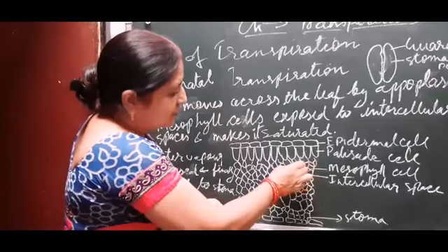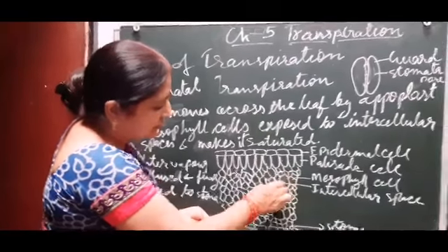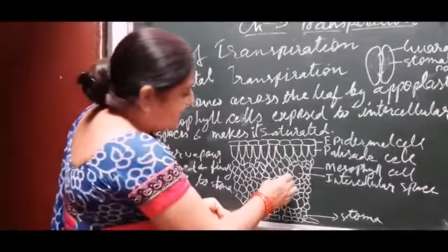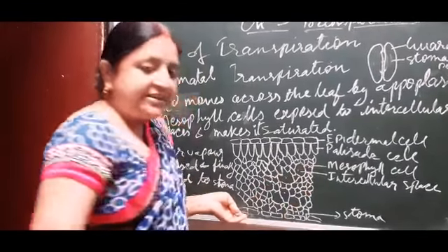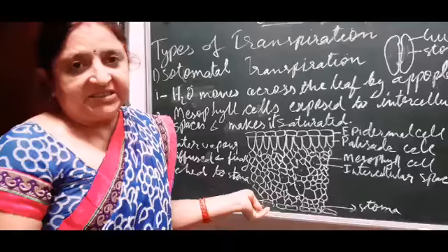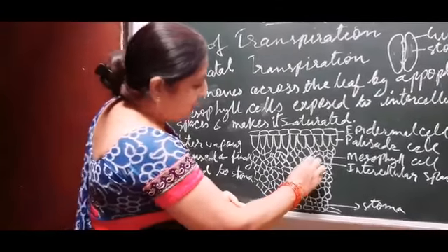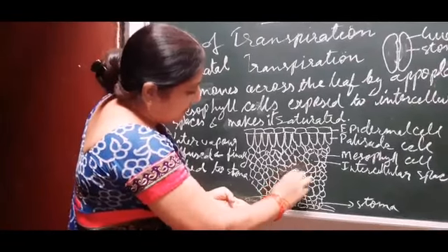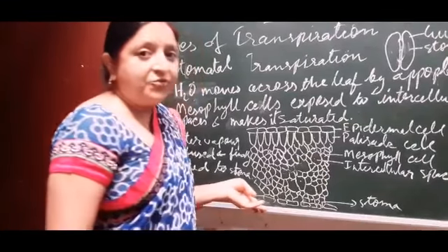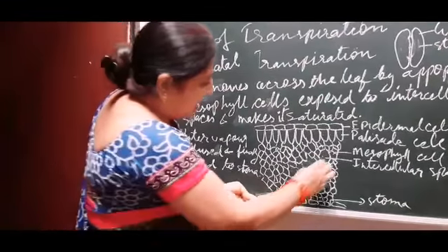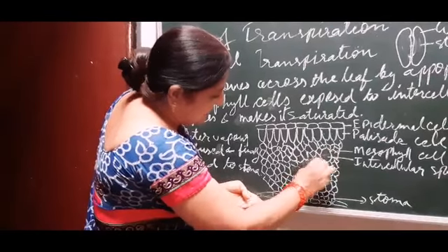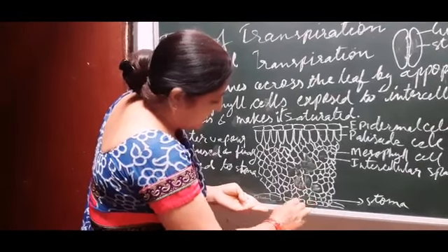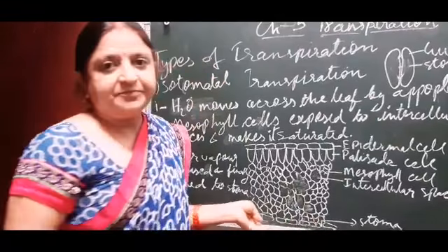The mesophyll cells are exposed to intercellular spaces at some intervals, and these spaces receive the water in the form of vapor and form a thin layer of water vapor, which makes these spaces saturated, and finally it reaches the stomatal pores.